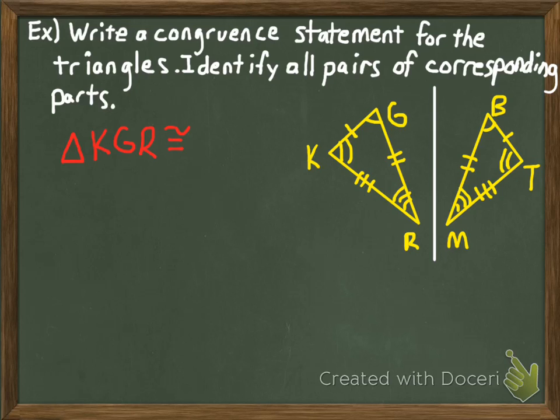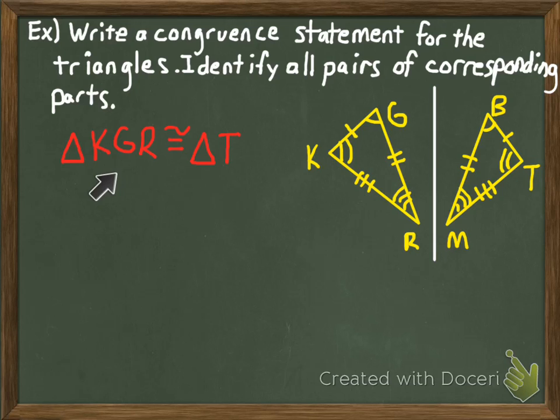But the other thing the congruent statement does is it shows you which pairs of sides and angles are congruent to one another. It's easiest to do this with angles. You see how I put angle K first when I named triangle KGR. Now that was arbitrary. But what I'd like to do is figure out which angle from the second triangle corresponds with angle K. And if you imagine that flip, then as we've discussed already, you know that angle T corresponds with angle K, right?